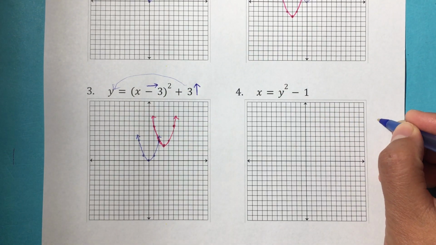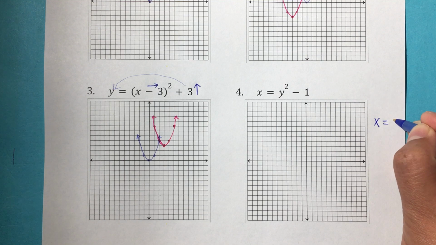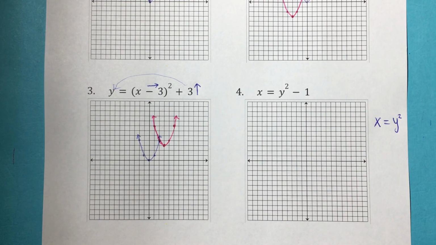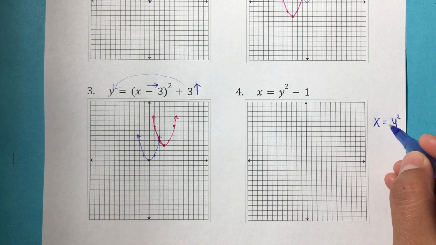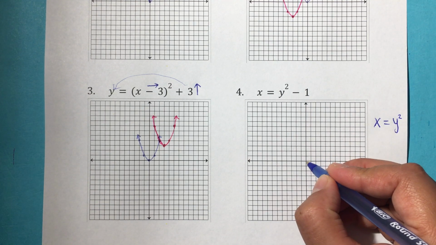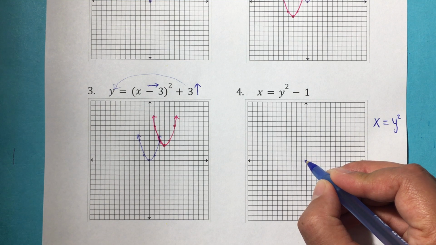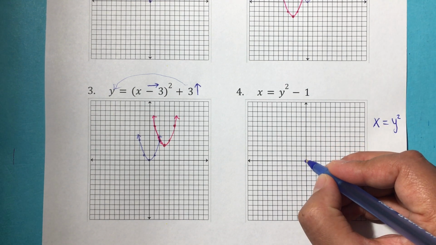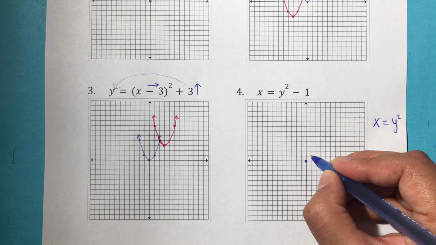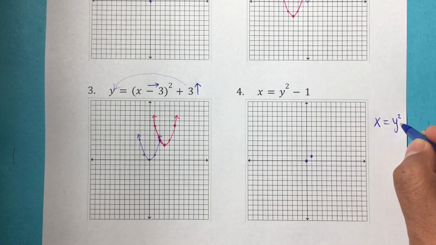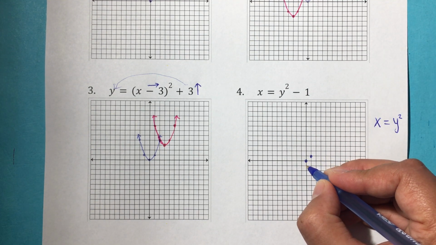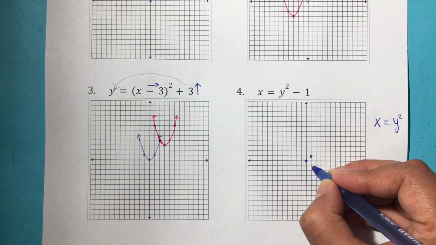For number 4, we don't have the mother graph, but we saw it in the previous lesson. And so x equals y squared, it just means that you're going to give values to y now. So if y is 0, then x will be 0 times 0 is 0. And then for the next point, if y is 1, 1 times 1 is positive 1 for x, but if y is also negative 1, negative 1 times negative 1 is positive 1.